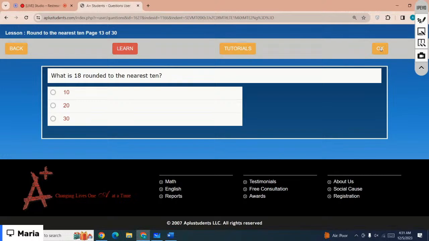Which option is the correct one? 18 is rounded to. Very good. 18 is rounded to 20, and thank you. The correct option is 20.